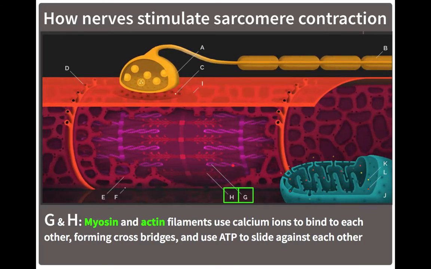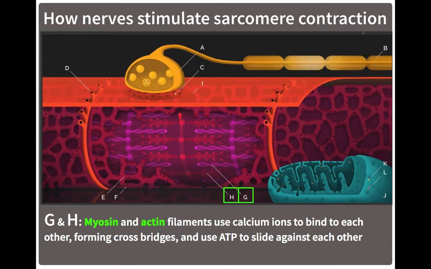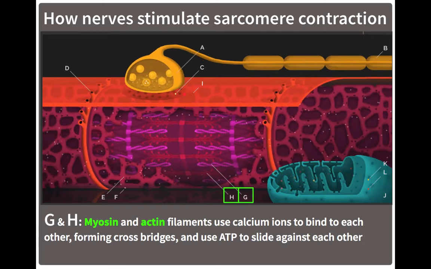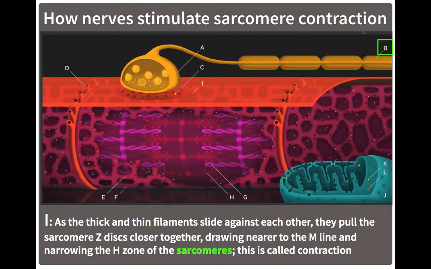And that allows the myosin to pull the actin towards the center of the sarcomere. So they slide against each other, and that's what we call sliding filament theory.